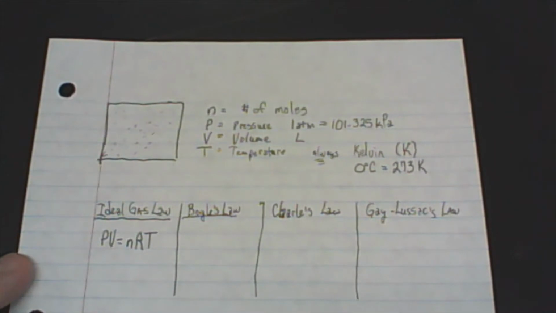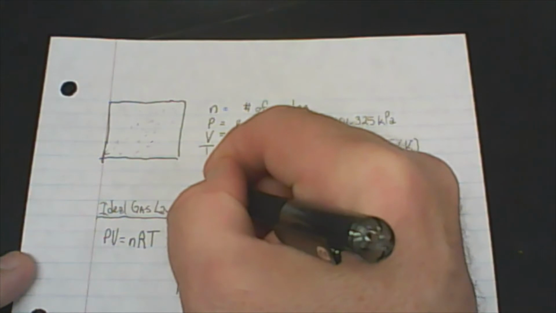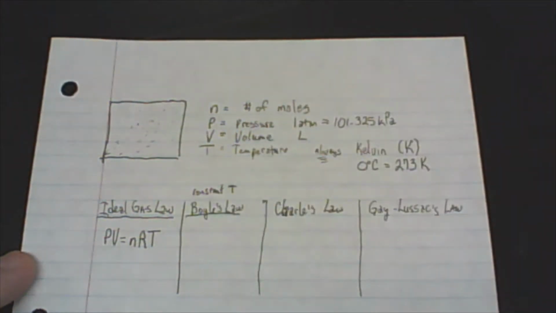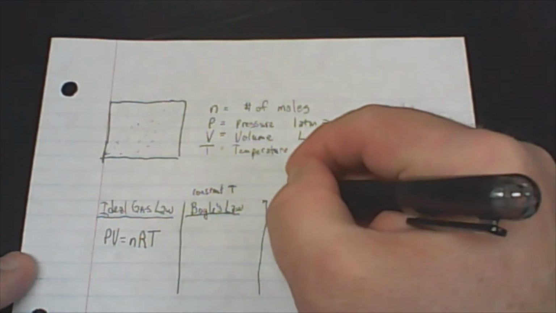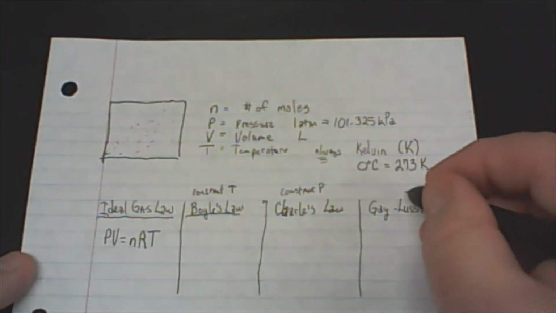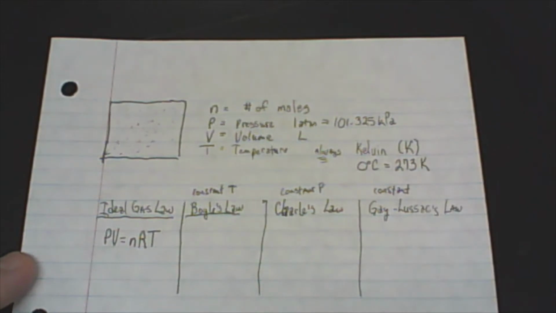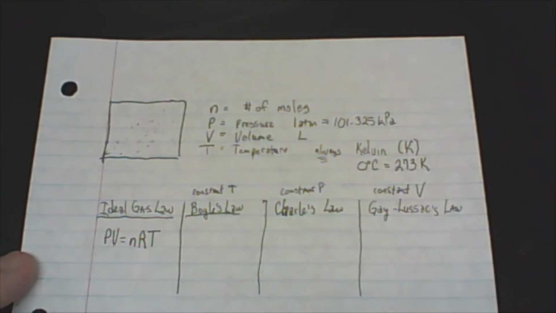Now, Boyle's law applies if you have a constant temperature, whereas Charles's law applies if you have a constant pressure, and Gay-Lussac's law applies if you have a constant what? That's right, volume.